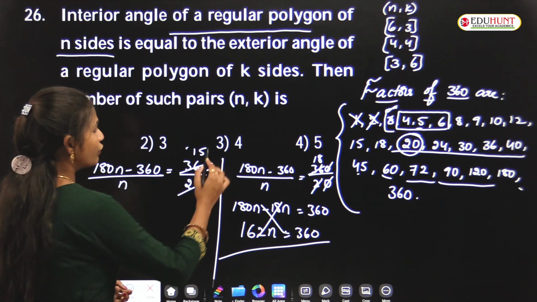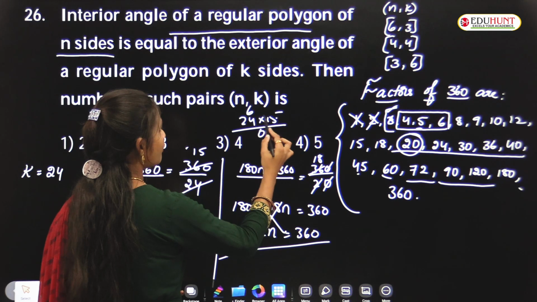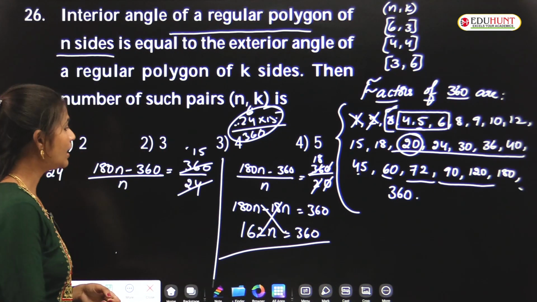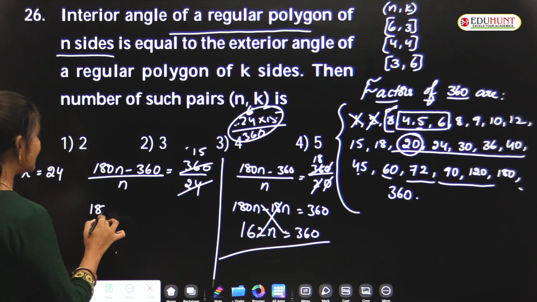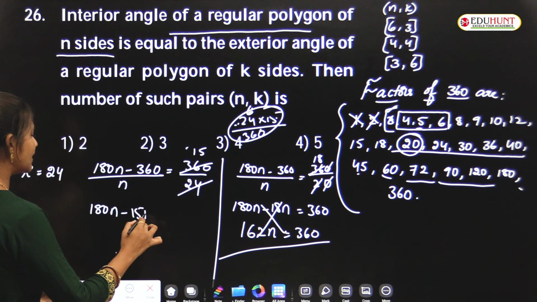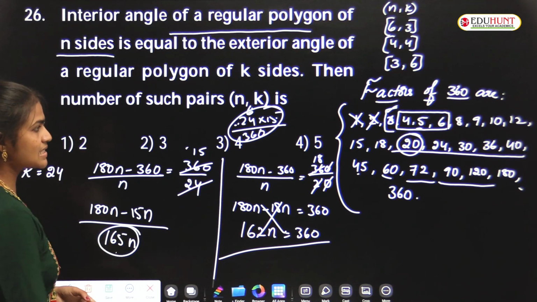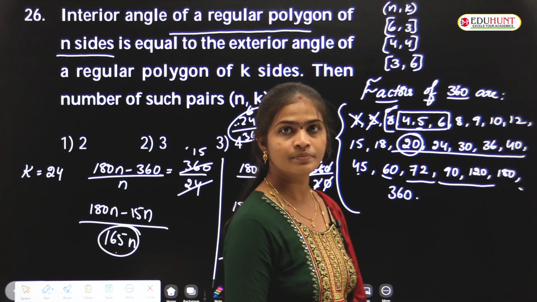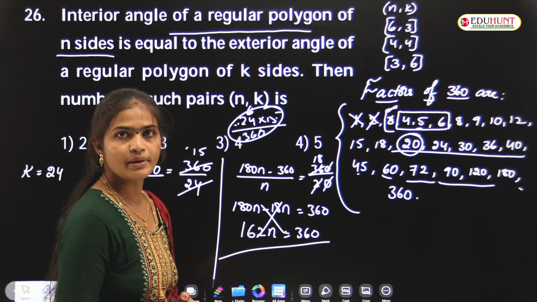So 24 into 15, just check that, 24 into 15. 15 4's are 60, 15 2's are 30 plus 6, is equal to 360. That's why 24 15's are 360. So 180n minus 15n. Again you will get 165n. So 165 is not a factor of 360.